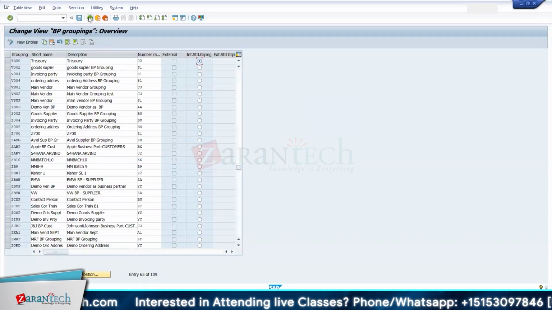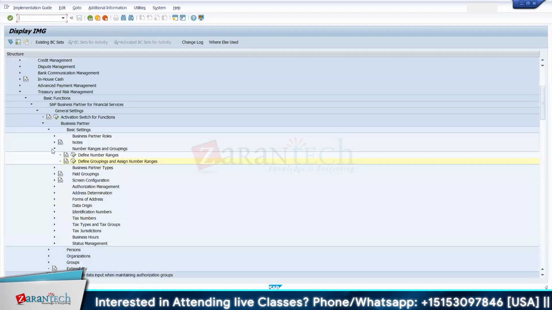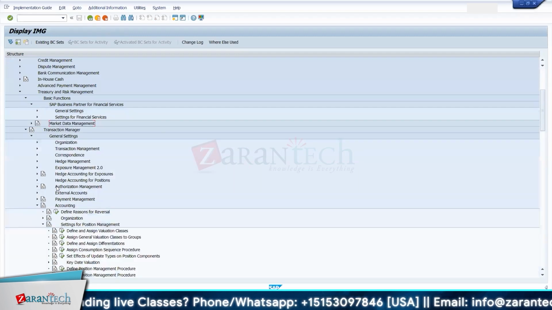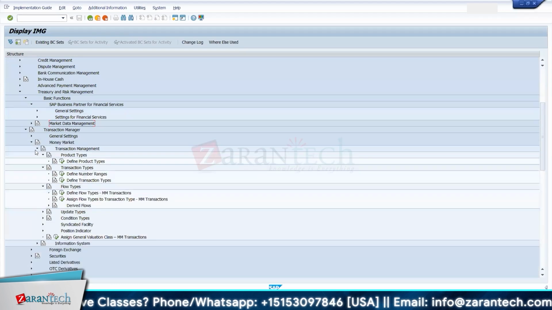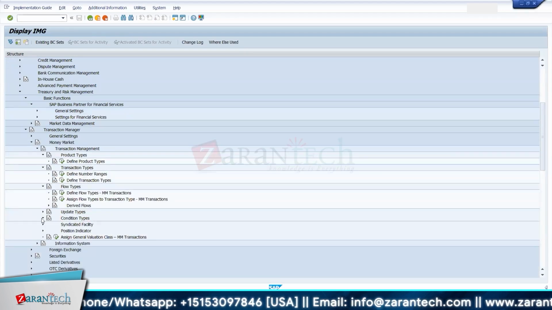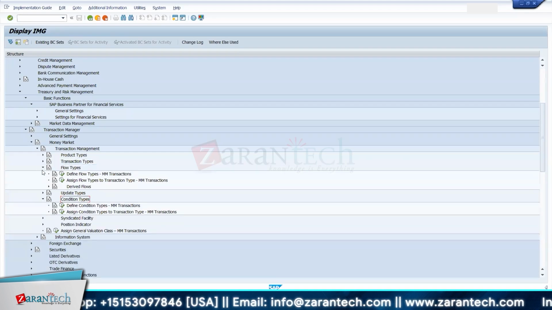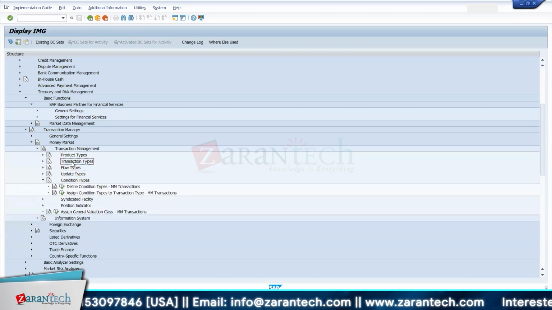So very easy. Here what happens in the configuration, if you go to the money market or wherever it is applicable, currently we are doing this fixed deposit. So here you can see we have a condition type. Till now we knew the product type, transaction type, flow type, and update type.